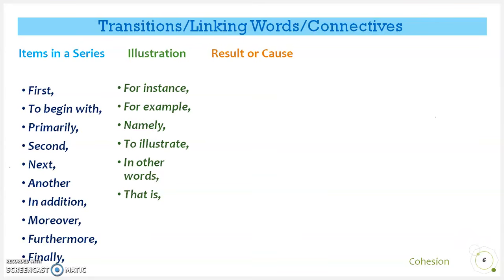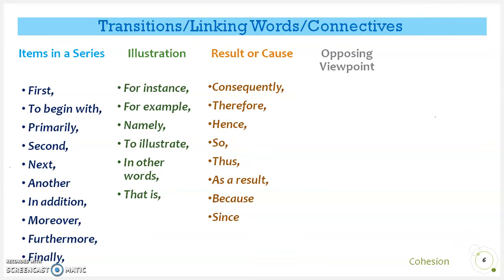Then we have the result or effect and cause, reason transitions. You are also familiar with these transitions. They connect causes and effects together. Next, we have opposing viewpoint transitions.